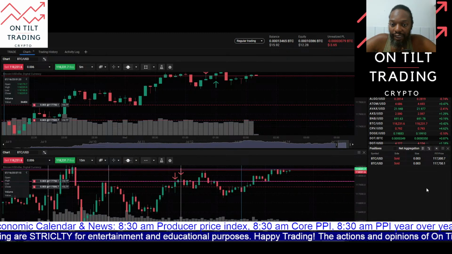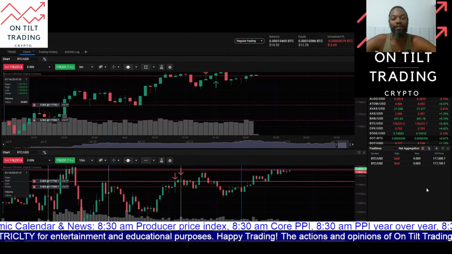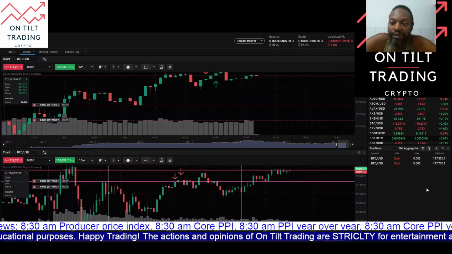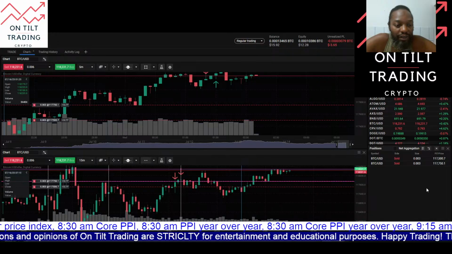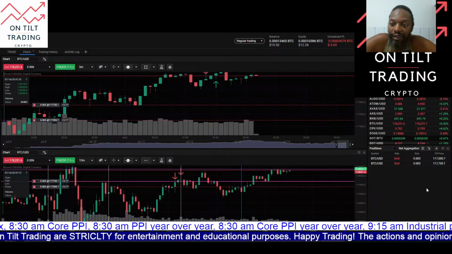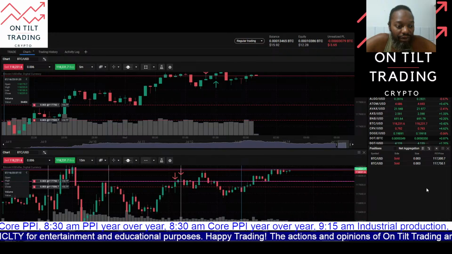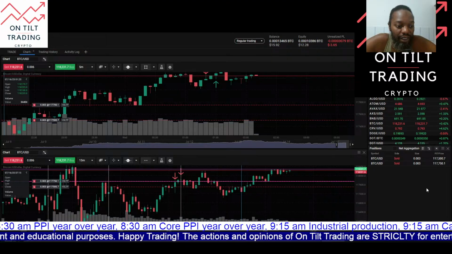So not getting that just kind of leaves it in limbo, just having this position hang on for so long. Not ideal for how I like to trade. I prefer to get in and get out.